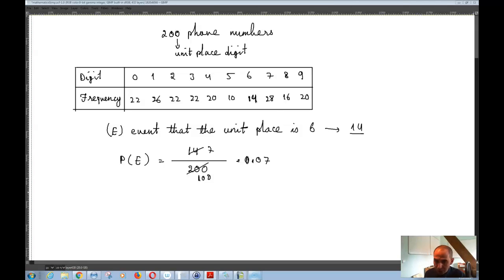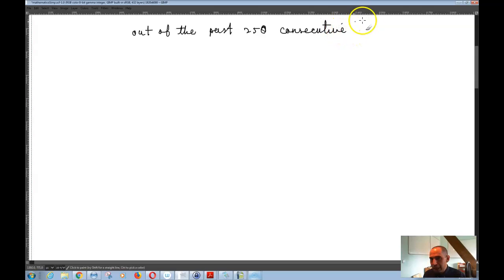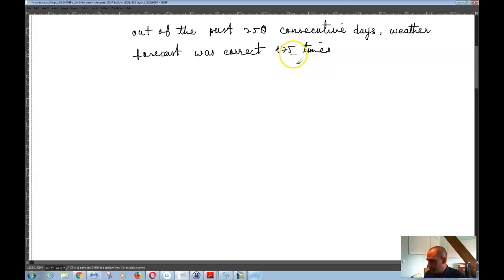So, the record of a weather forecast station shows that out of the past 250 consecutive days, the weather forecast was correct 175 times, right? Now, what is the probability that on a given day it was correct?